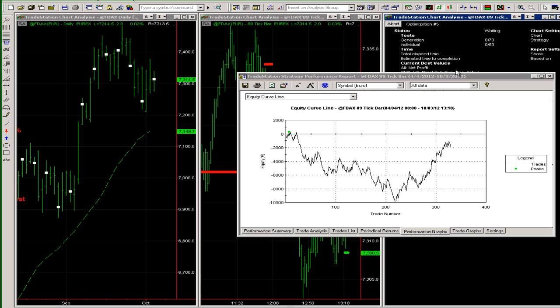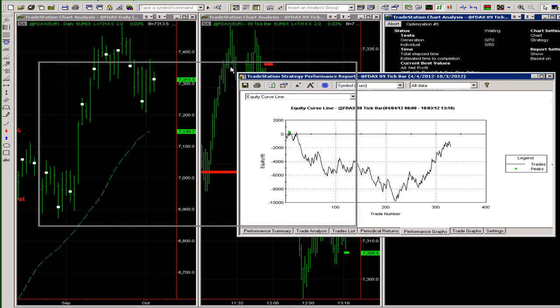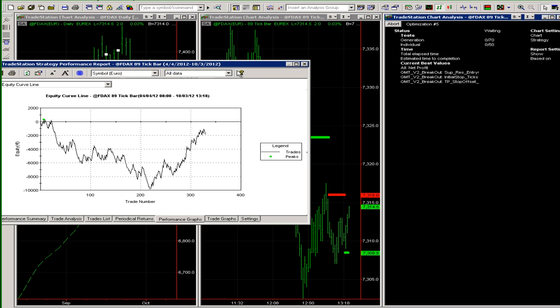So this will start running a genetic optimization, and what it's doing now is running the optimization. It's telling us that we've got a fairly ordinary equity graph. Had we had more time, we would have done more work on trying to improve it a little bit, but let's just see what we come out with once we do the optimization.